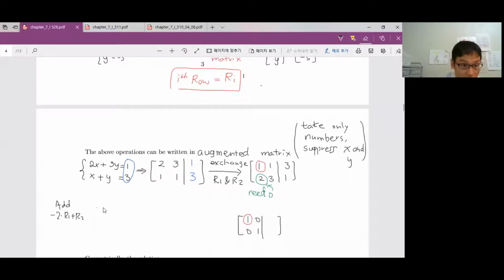Let me rewrite this. Add -2 times row 1 to row 2. Good. So now row 2 becomes 0, 1, and -5.